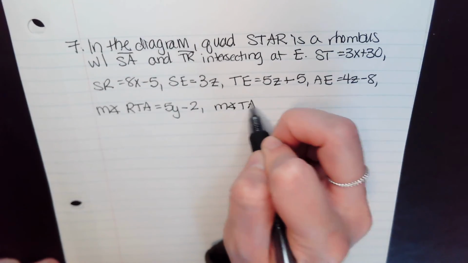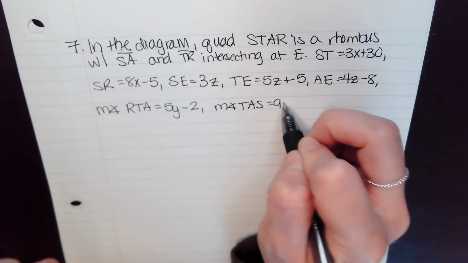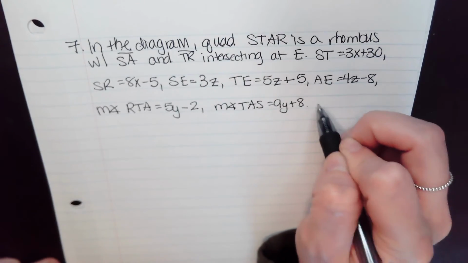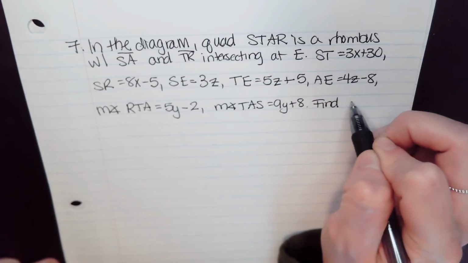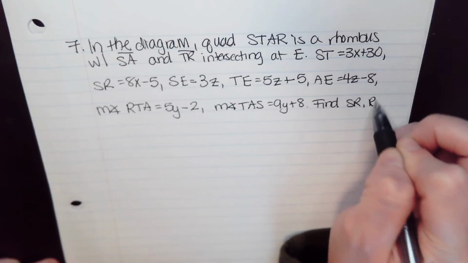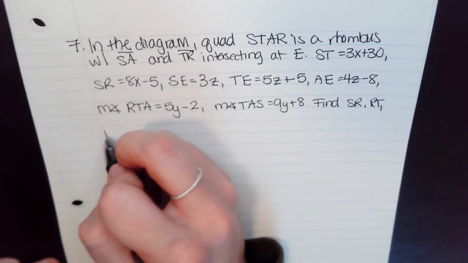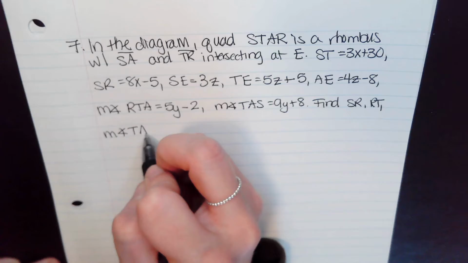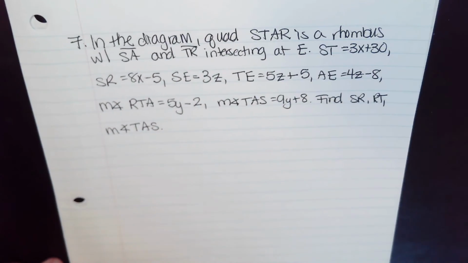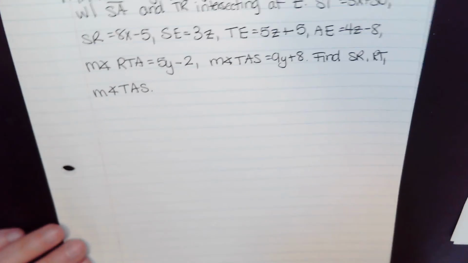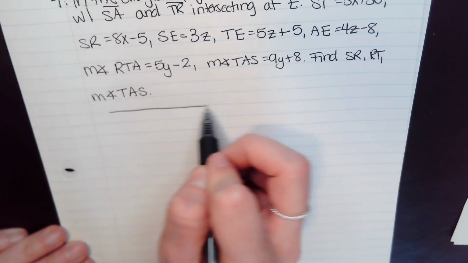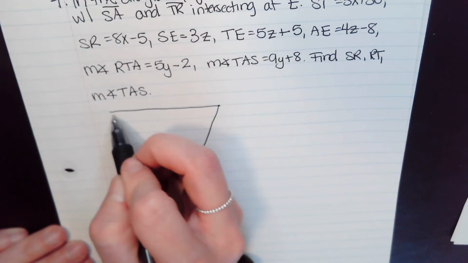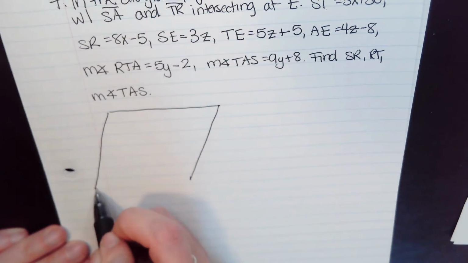The measure of angle TAS equals 9y plus 8. And I want you to find SR, RT, and the measure of angle TAS. And here's the picture for you of your rhombus.